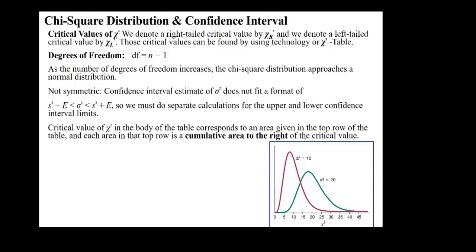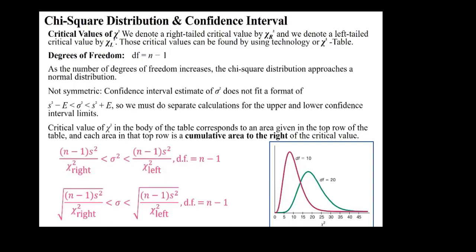We will look at how we use the table. If you look at this first one, the confidence interval for sigma squared, the variance, is n minus 1 times s squared over chi-squared of the right, and then n minus 1 times s squared over chi-squared of the left. It's not symmetric. That's why we're not adding and subtracting e.